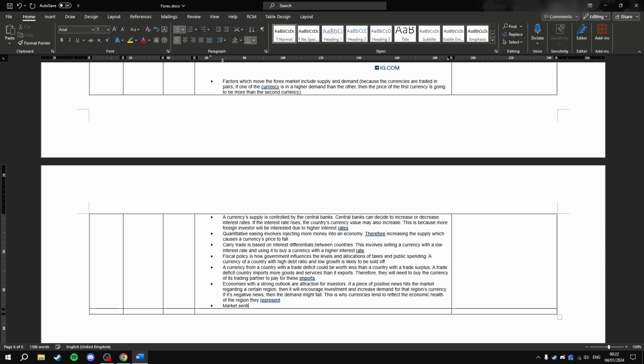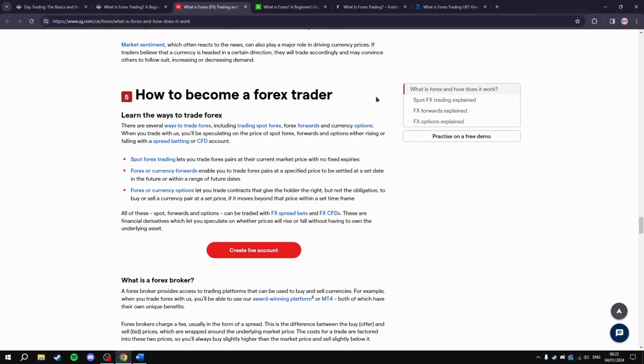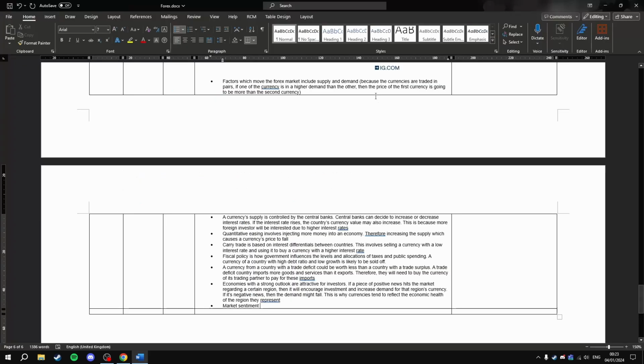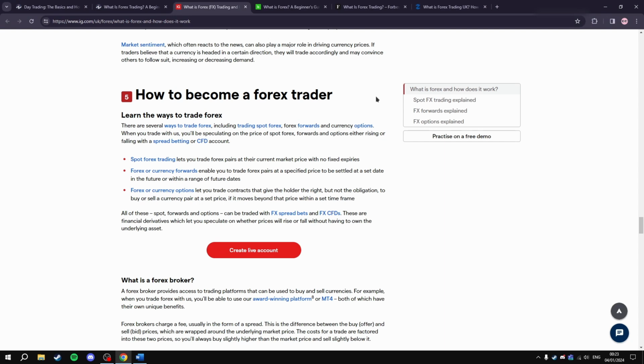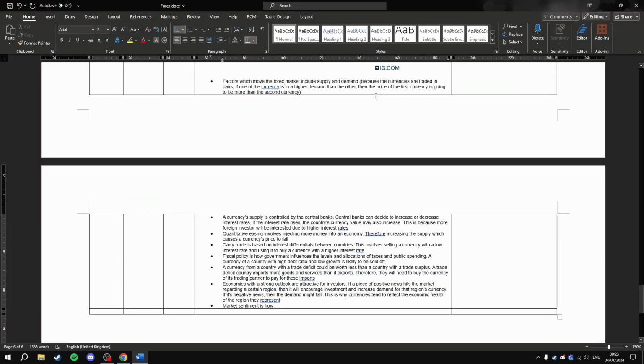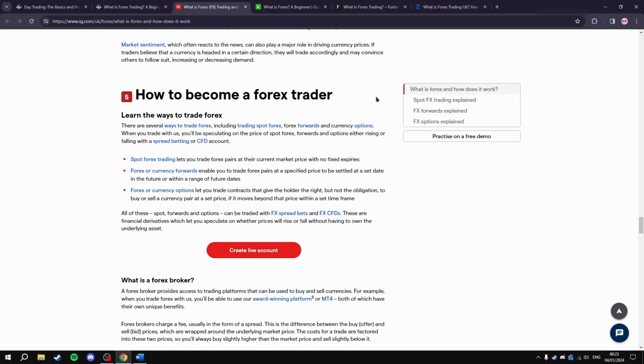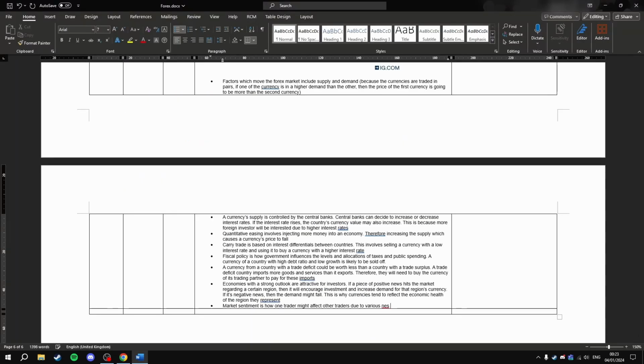Market sentiment, which often reacts to the news, can play a major role in driving prices. This is how one trader might affect other traders, due to various news.